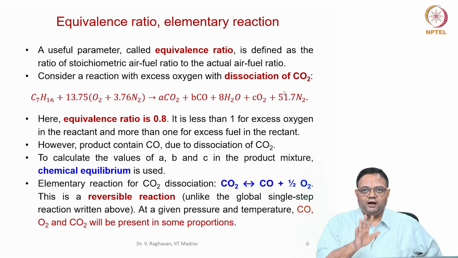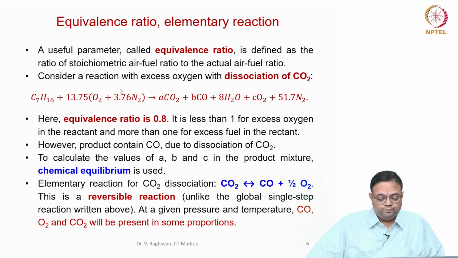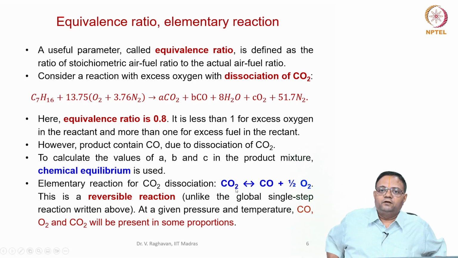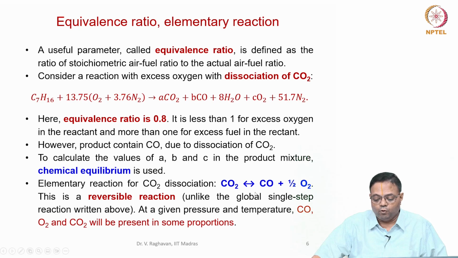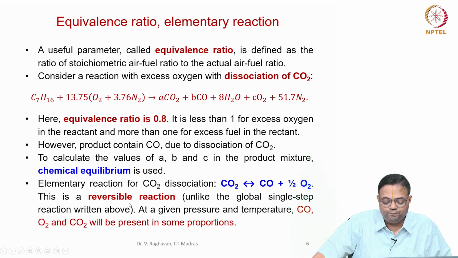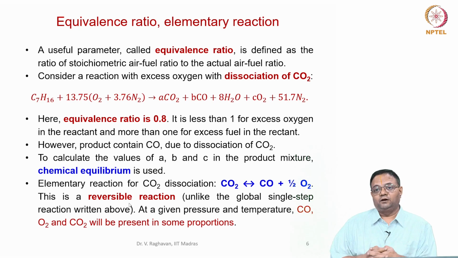It goes from the reactant side to the product side, and the reactant side is just the fuel plus whatever the oxidizer mixture is. Coming to the elementary reaction, considering CO2 dissociation, you can see a double sided arrow is given here, giving CO plus half O2. Here this is a reversible reaction and also a molecular level reaction.